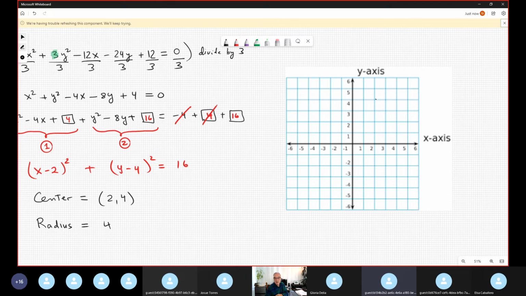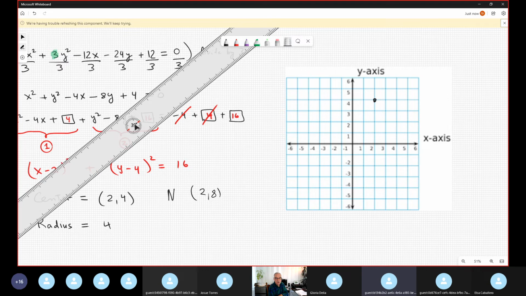Here, over there. This is the center. And the radius is 4. Oh, it's too long. 4 in any direction. 4 over would be 8, no? Because 4 plus 4, so the north point is the point 2, no? But okay, don't worry. We are doing our best. I have a rule.